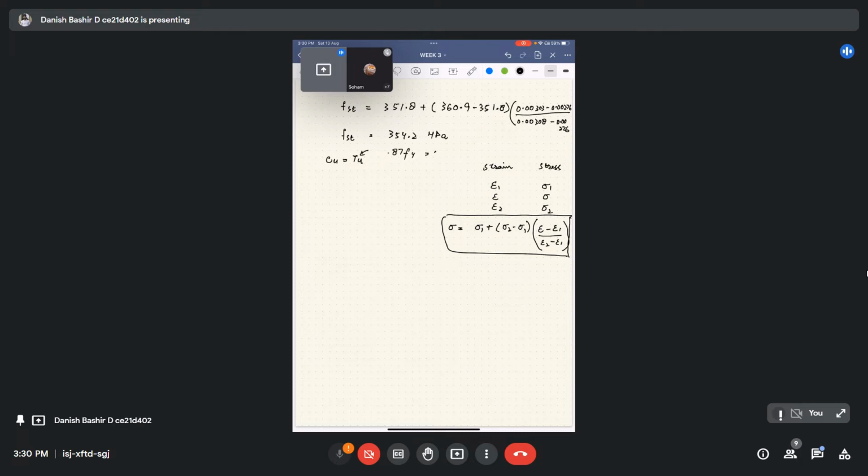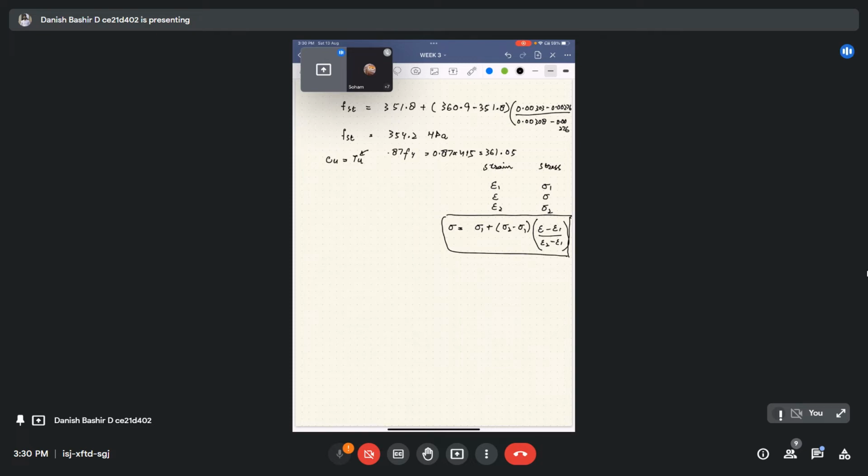That was 0.87 into 415, which comes out to be 361.05. It means we were using the basic stress in the steel as 0.87 FY, but actually the stress in the steel, now when we assume that neutral axis depth, comes out to be 354.2.